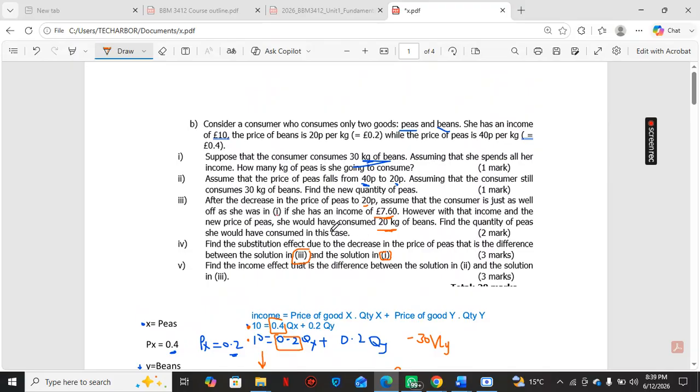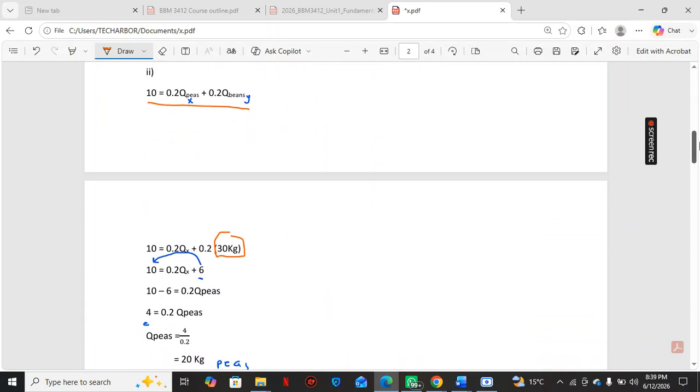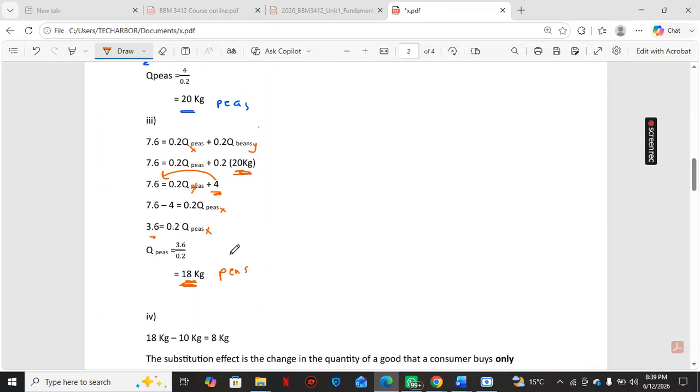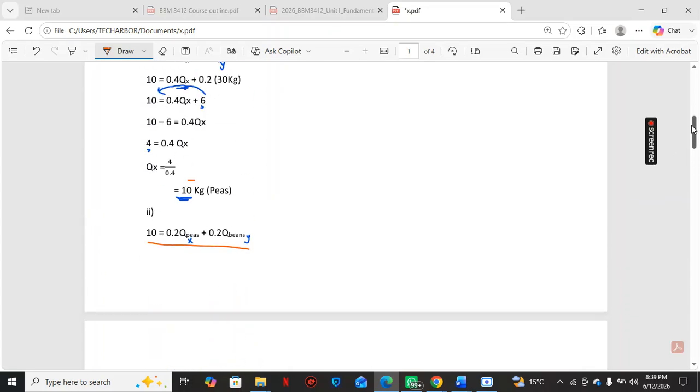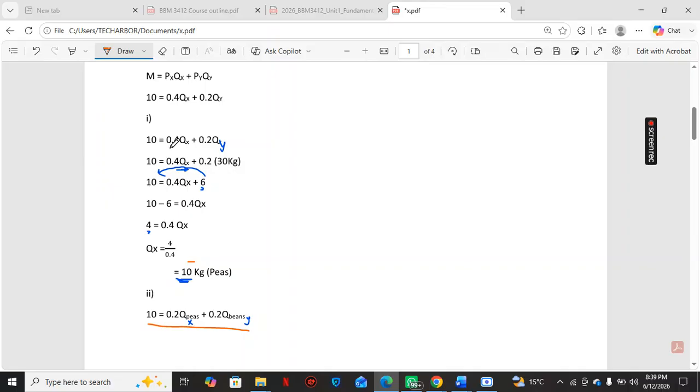In solution 3, the kg of peas was 18 kg. Remember in solution 1, the price of peas was 40 pence, and we were able to buy 10 kg.